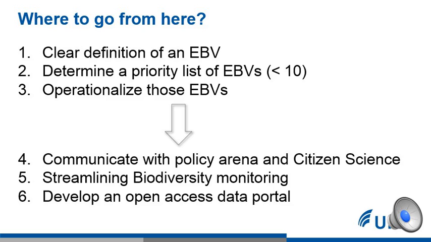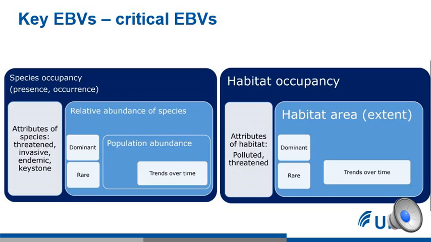So about the key EBVs, this is something which is a huge discussion, and I'm not going there because it's something where the EBV community is not very unified at the moment. There are a couple of papers out there with different suggestions. If we would follow all those suggestions, we would have 50 plus EBVs.